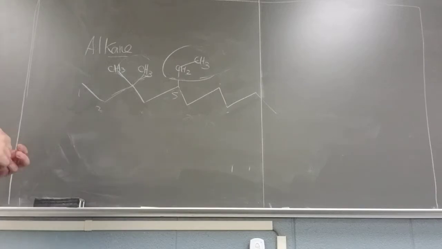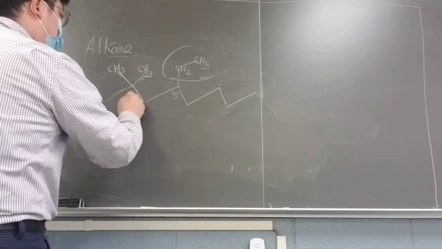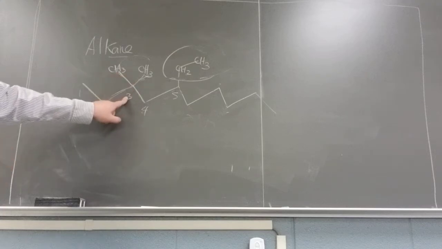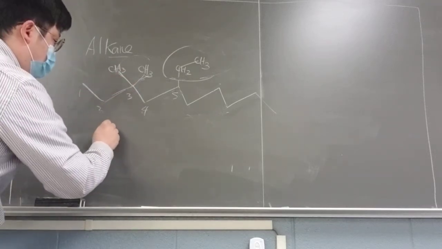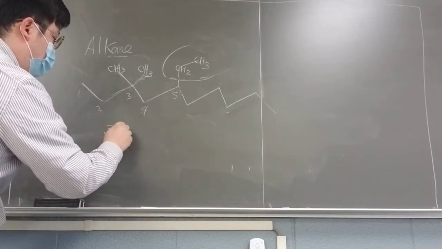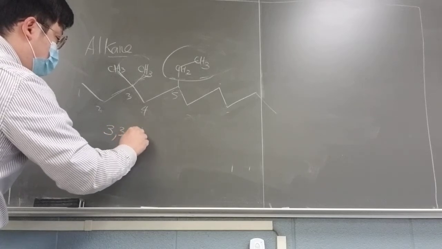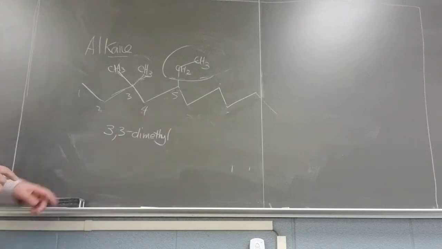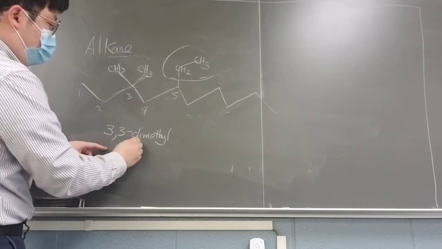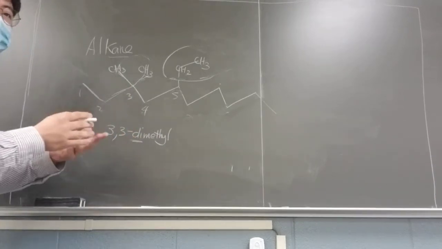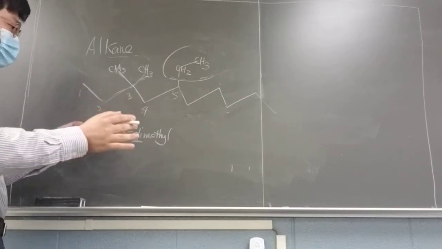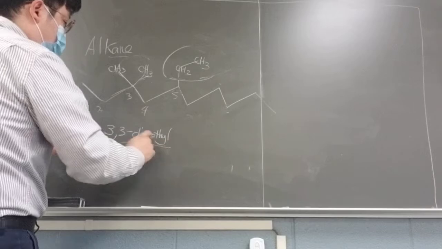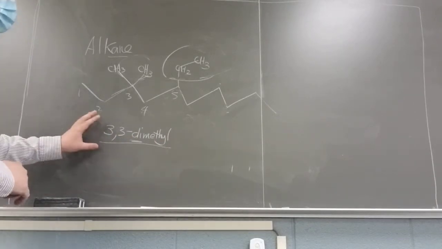You have a 3, okay? You have a 3. And then in this case, we have 2 methyl groups on the same position. So it'll be 3,3 dimethyl. Right? Because now it has 2. So that's why I put di. If there's 3, tri, 4, tetra, and so on. Okay? It just means how many of the same groups are at that location.